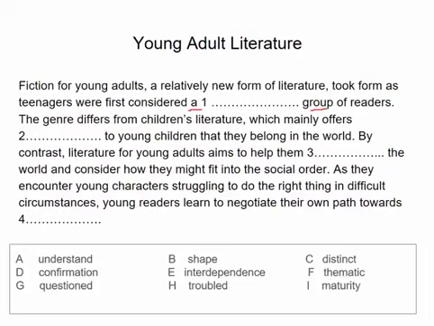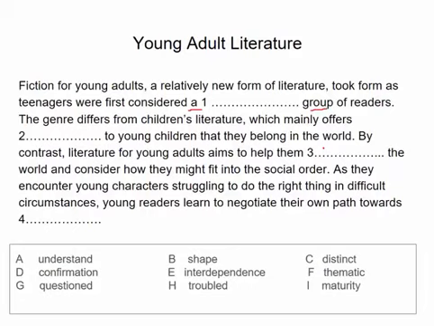How about for number 3? By contrast, literature for young adults aims to help them blank the world. There could be a couple of possibilities there, but what makes most sense is that this literature is going to help young adults do something. So that indicates it's probably a verb that we're looking for in this slot.